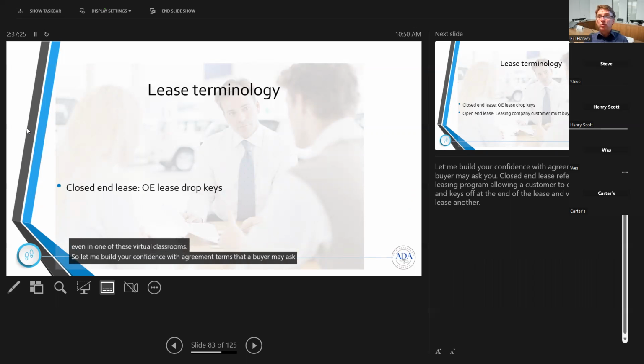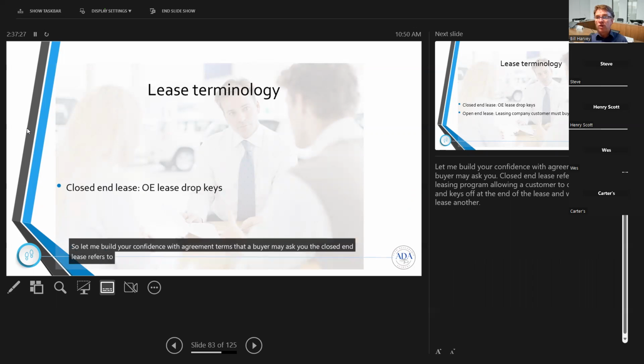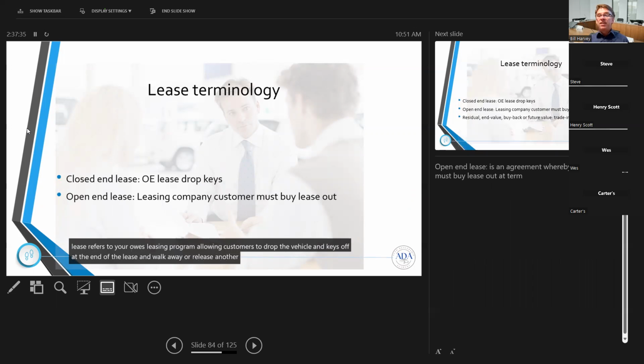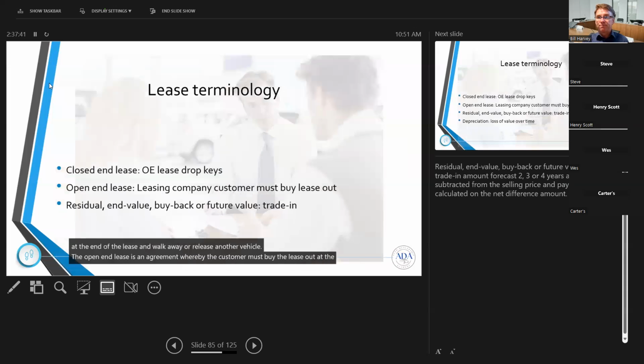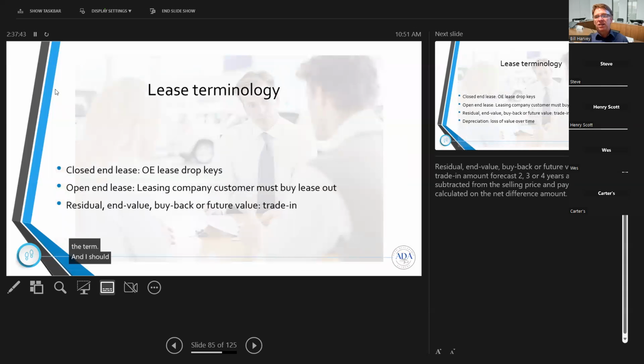The closed-end lease refers to your OE's leasing program, allowing customers to drop the vehicle and keys off at the end of the lease and walk away or release another vehicle. The open-end lease is an agreement whereby the customer agrees to buy the lease out at the end of the term.